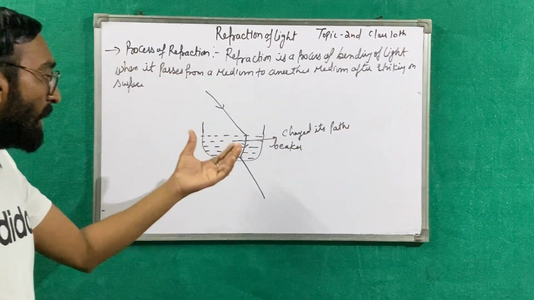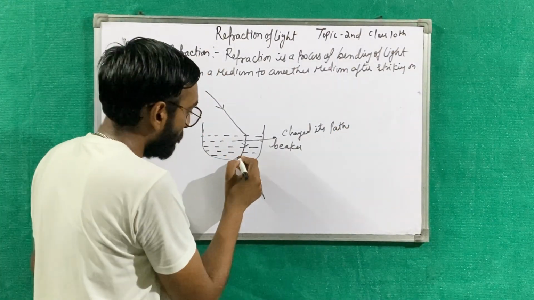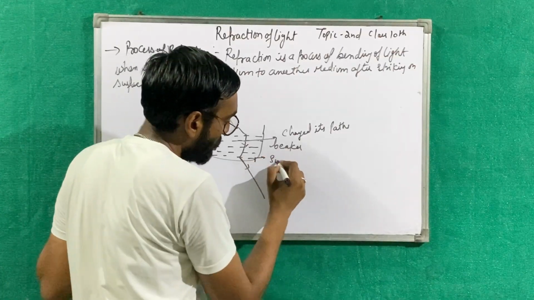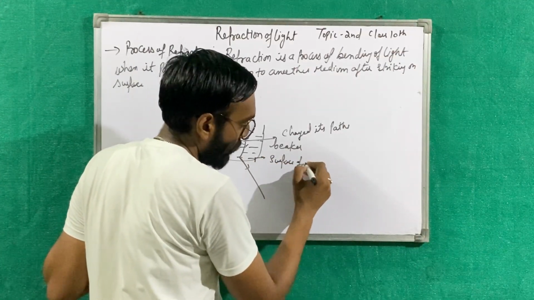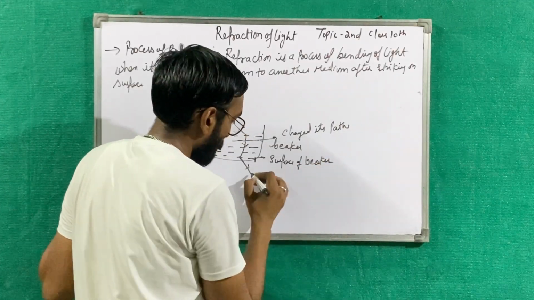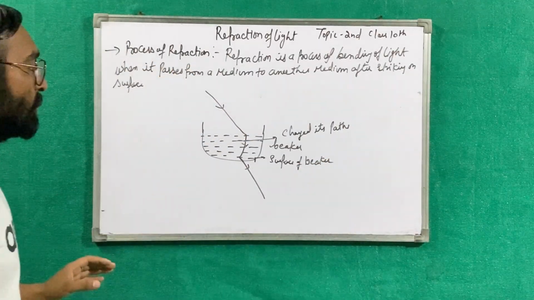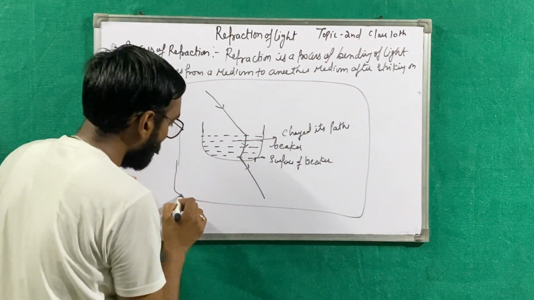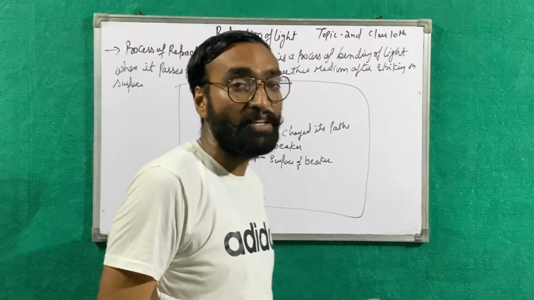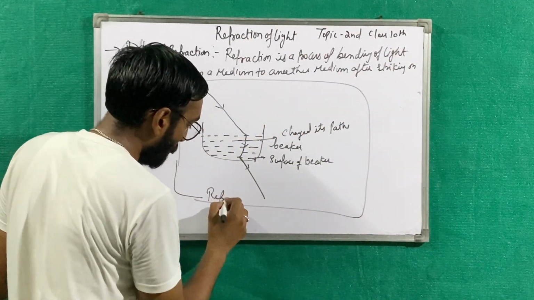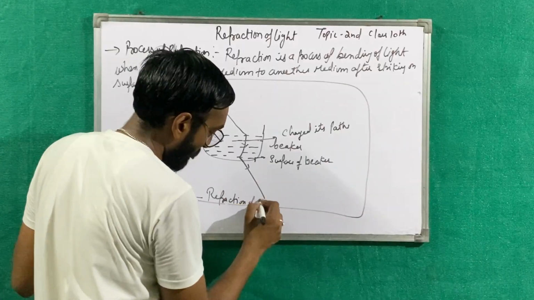As it changes its path, it is refracted again when it strikes the surface of the beaker, and again it changes path. This phenomenon, in which two mediums are there and the light changes its path, is called refraction of light.